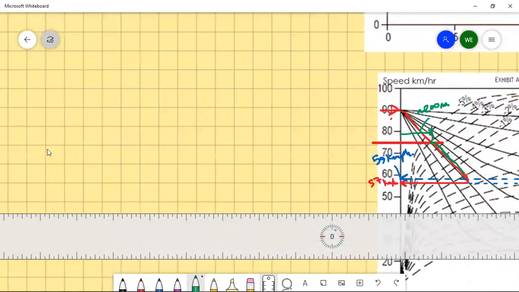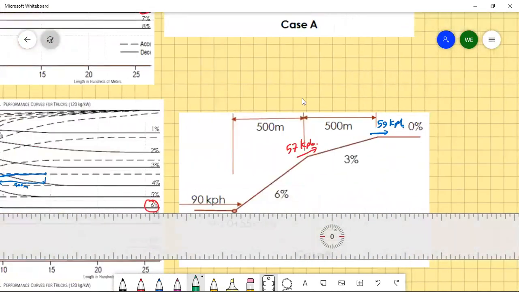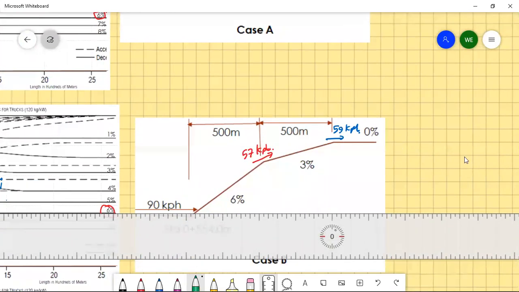Now, when we exit from these grades, we will have 59 kilometers per hour. We want this to reach 75 kilometers per hour.